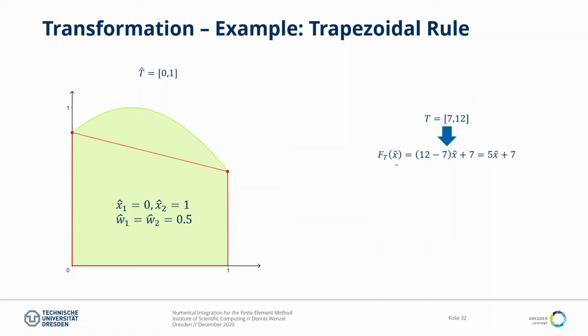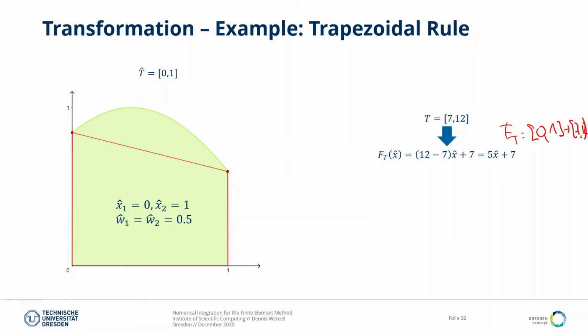It's easy to see that if you define your reference map in this way, it actually maps from 0, 1 to 7, 12. Because if you plug in 0, this gives you 5 times 0 plus 7, that's 7. If you plug in 1, that gives you 5 times 1 plus 7, that's 12. So that actually works.